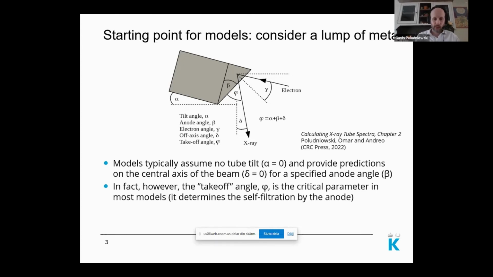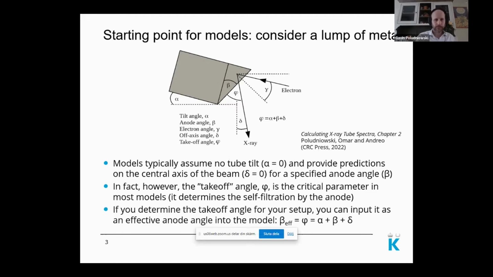In fact, in most of these models, it's something which is sometimes called the takeoff angle that is most important. Now, this is the angle between the surface of the anode and the direction of the outgoing X-ray. And it's important because depending on this angle, it affects the thickness of the target that the X-ray has to pass through before it can escape, and therefore it determines what's called the self-filtration by the anode.